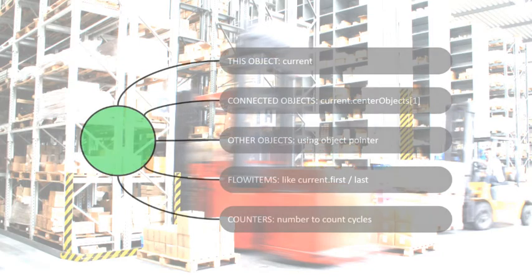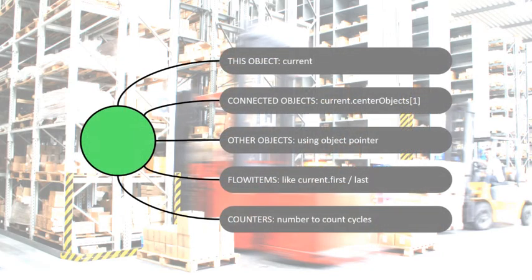Let's talk a little more about these token labels. Token labels can carry different kinds of information, as I've said before. For example, you can point to an object by using the word current, and it will get the address of that object and point towards that address, and you can change the attribute or do something to that current object.